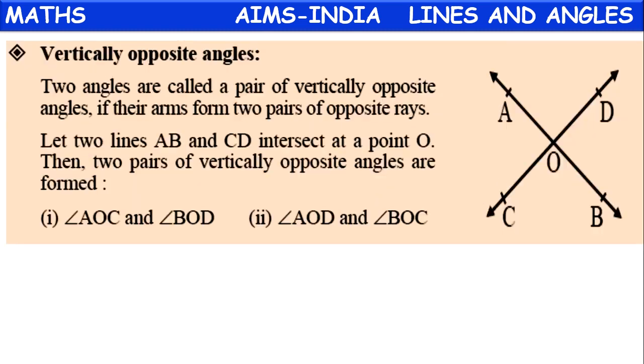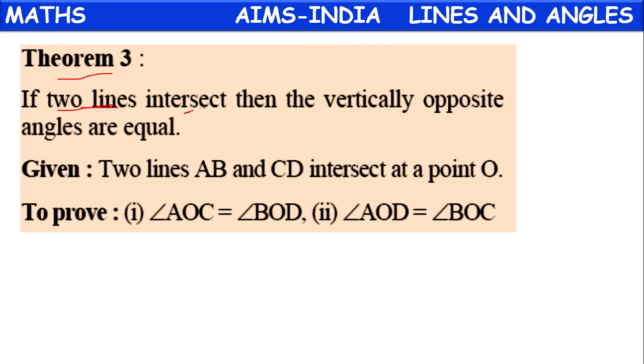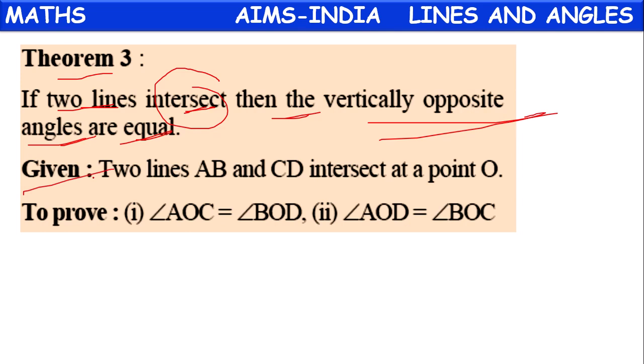Next, based on this concept we have a theorem. If two lines intersect, then the vertically opposite angles are equal. They have given that two lines intersect.